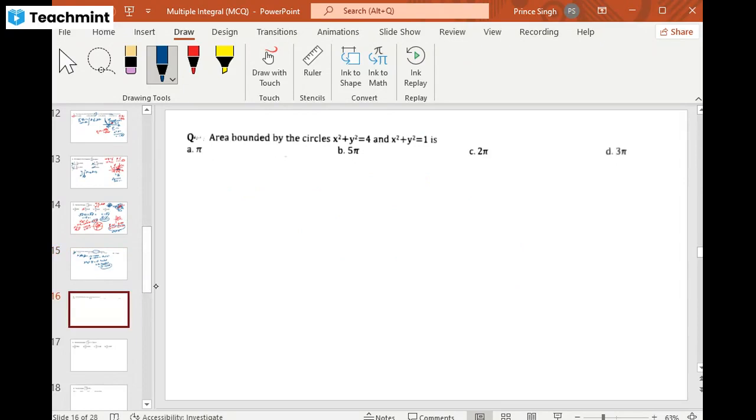The next question is to find the area bounded by the circles x square plus y square equals 4 and x square plus y square equals 1. It gives us two equations of circles. One circle has its center at the origin and radius 1, since x square plus y square equals 1 square.